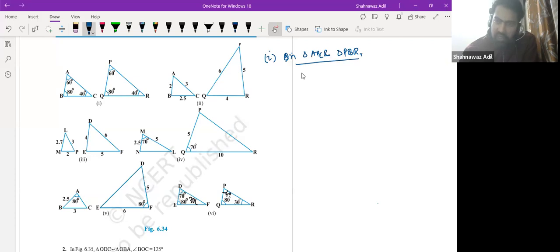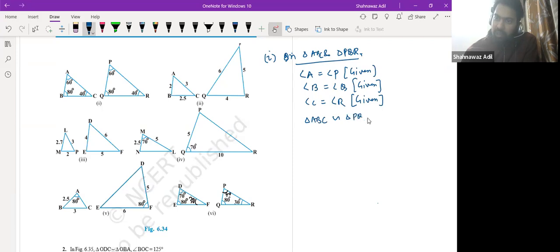You have angle A equal to angle P. You have angle B equal to angle Q. These are all given. And then you have angle C equal to angle R. Then you can tell that triangle ABC is similar to triangle PQR by AAA criteria, right?